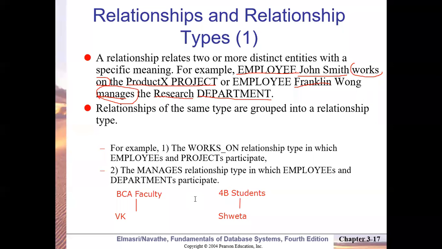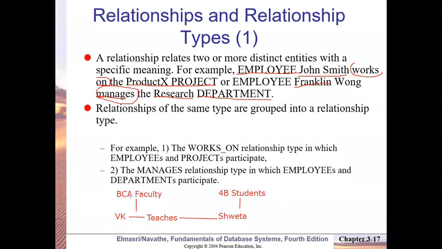So there is one entity from BCA faculty group, one entity from 4B students. So what's the relationship between these two? BCA faculty teaches 4B students. Teaches. So VK teaches Shweta. Similarly, if you take Prakash Deshpande sir, like that, again teaches some other entity.